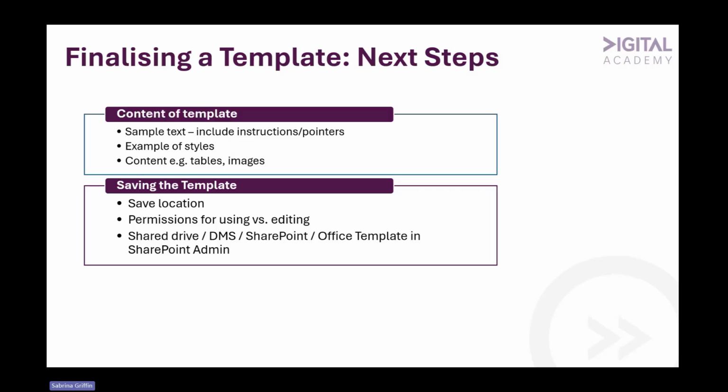There's also another option, which I'll show you in a moment, which actually embeds that template directly in Microsoft Word. So when users are opening Word and they click New, there's the option to navigate to any templates that are saved in that area, so they're just selecting them directly from within Word. So it's more about what works for you and how your team is used to working, and obviously also thinking about things like permissions.